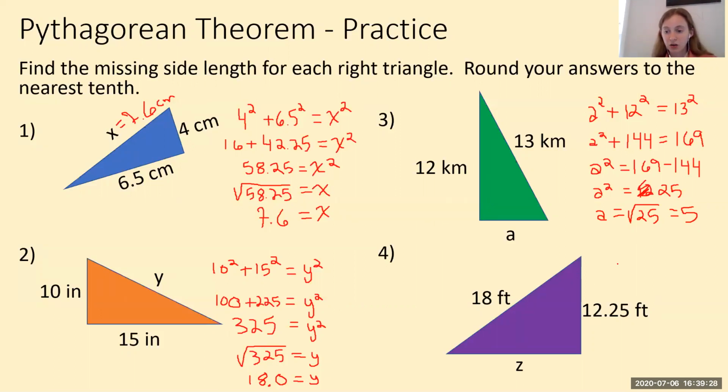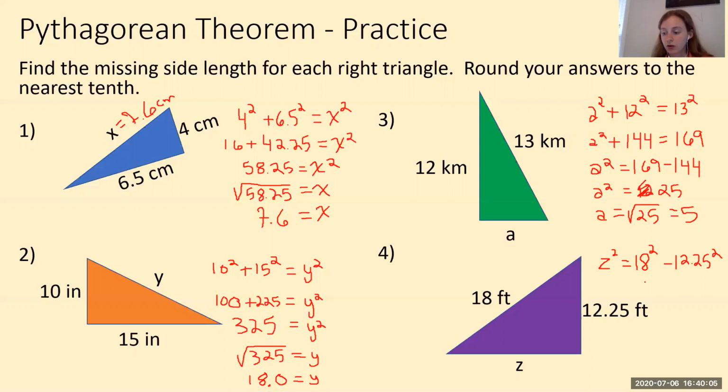So I know that my missing leg squared is going to be equal to my hypotenuse squared minus my other leg squared. That's just what we did in number 3. We ended up saying that our missing leg squared was equal to our hypotenuse squared minus our leg squared.